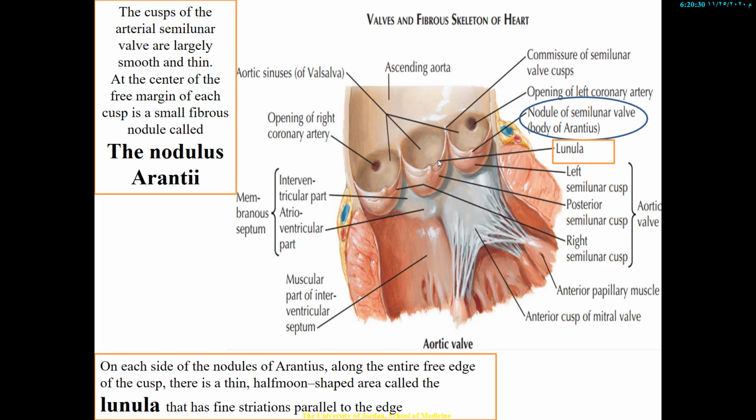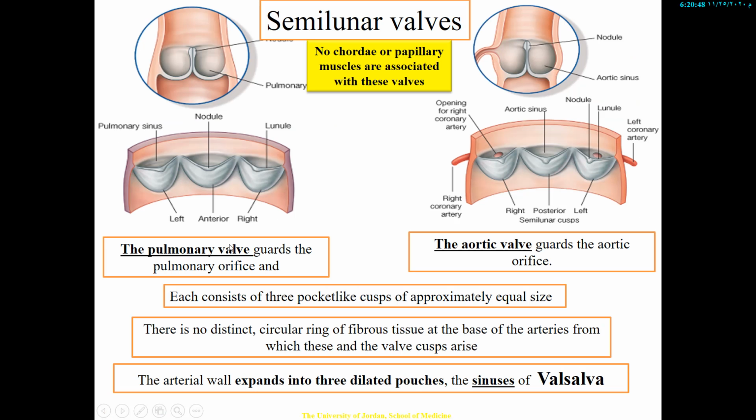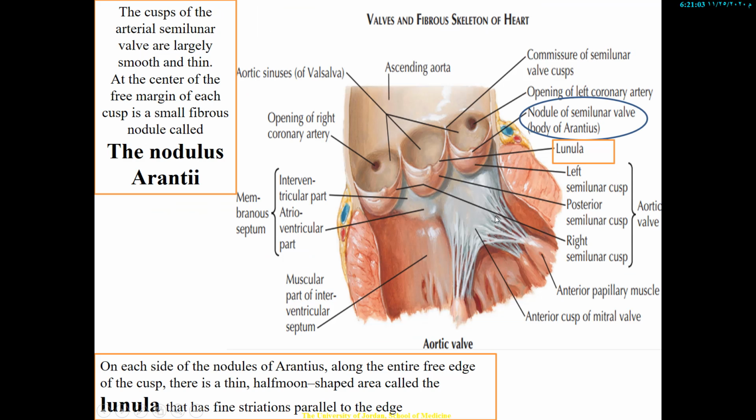It means the crescent shape of the moon, or one of the stages of the moon, lunula, that has fine striations parallel to the edges, and that's why we call them semilunar. Lunar means the moon, half moon, which is hilal in Arabic. Okay, they look like it here and there. That's exactly for the pulmonary and the aortic valves.